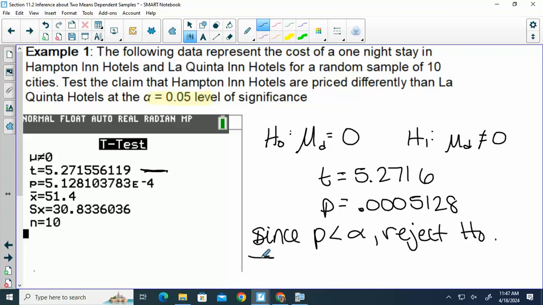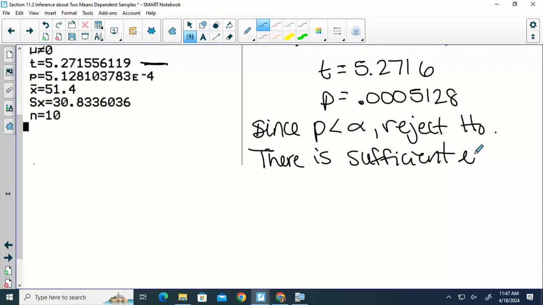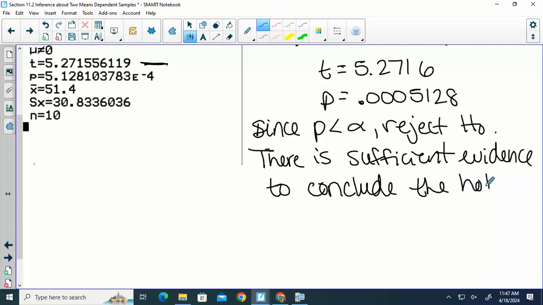What that means is there is sufficient evidence to conclude. What was my alternative? What am I trying to conclude? The hotels are priced differently.